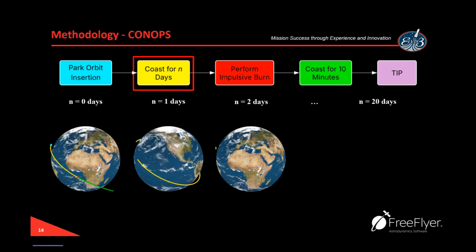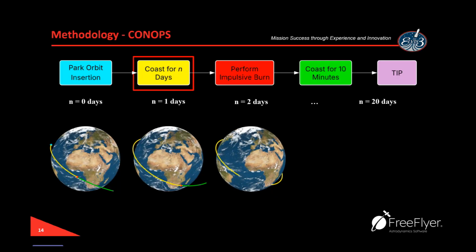So how did this play out here? In the meantime, in this park orbit, that's where we're going to be doing your refueling or assembly or whatever it might be. And then after the full day, you go to the optimal time, you burn, and you're on your way. And then again, same thing, but for 2 days, et cetera, all the way up to 20 days. And I'll spare you that animation. You can imagine how long it is.